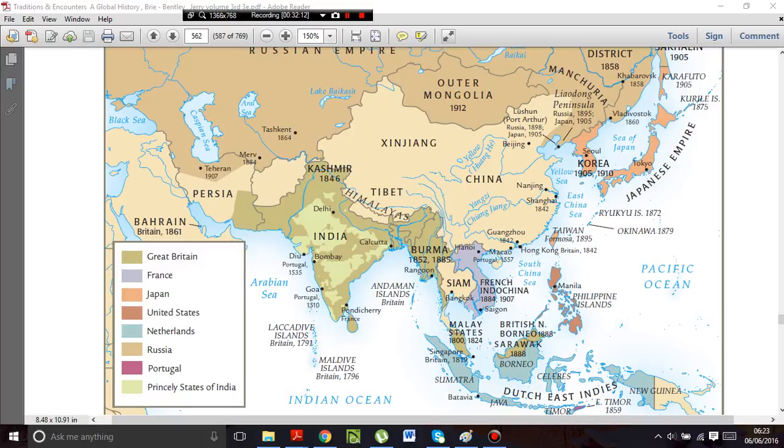French colonial officials introduced European-style schools and sought to establish close connections with the native elites. They encouraged conversion to Christianity. But yeah, by the end of the 1800s, this whole region, Southeast Asia, had come under European imperial rule, except for the Kingdom of Siam, which is modern-day Thailand.